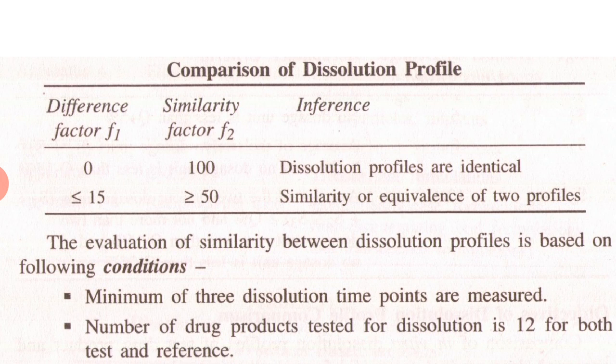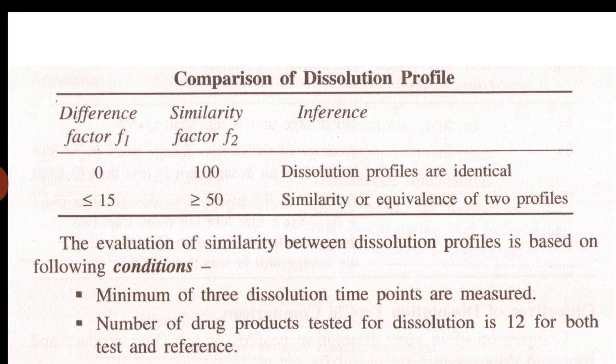If the difference factor is greater than 15 and the similarity factor less than 50, it shows the product is different. That's it. So difference factor 0 and similarity factor 100 means purely identical. Difference factor less than 15 and similarity factor greater than 50 means the product is similar.